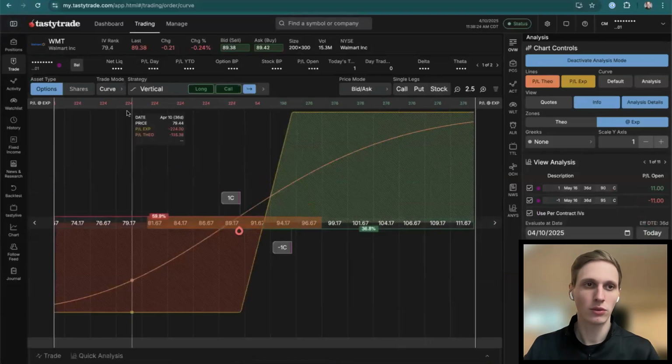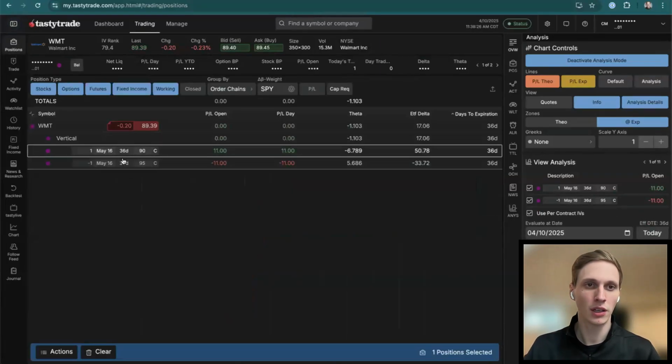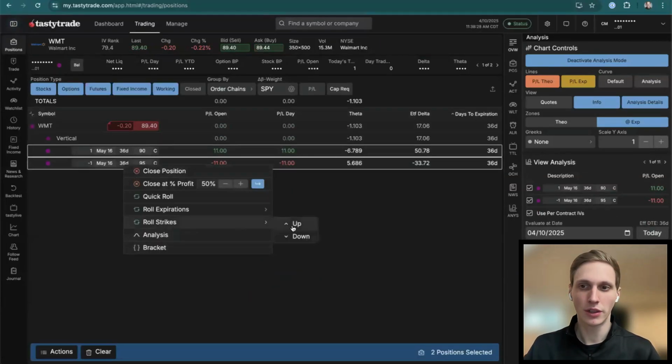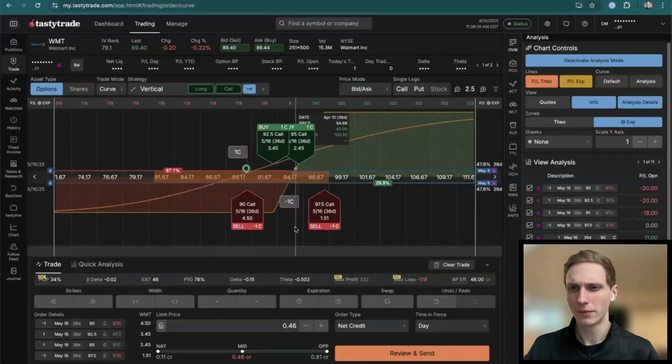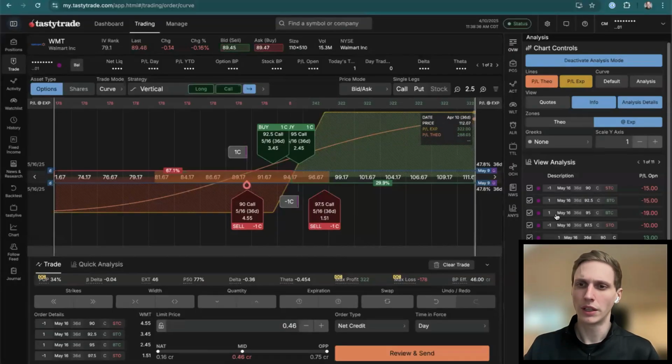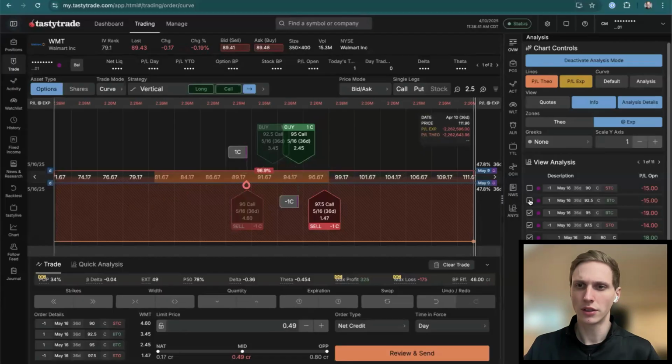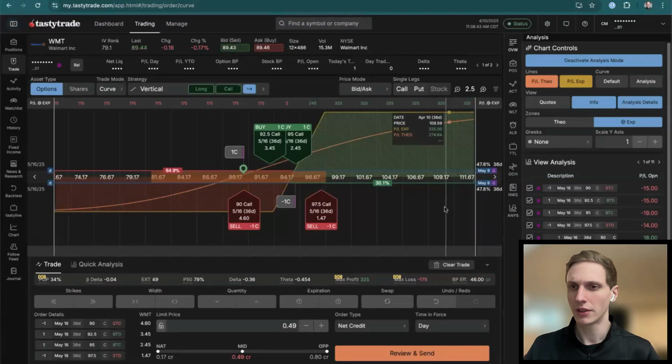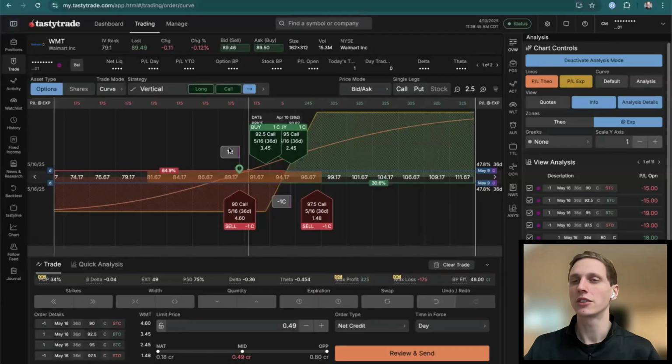So let me clear out this trade, go back to our positions tab, go roll strikes up. Okay, so here we can see that we have our trade here on top of those legs. But here you can actually analyze what it would look like when you've rolled your positions.